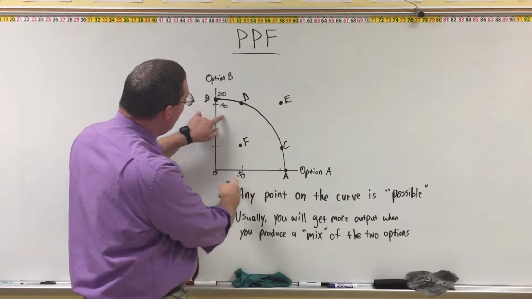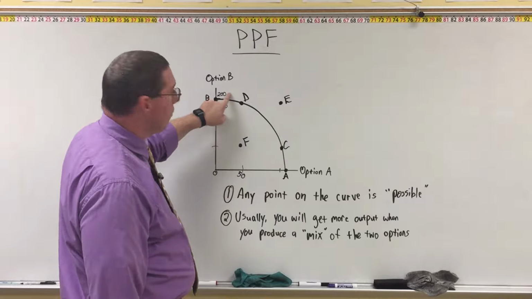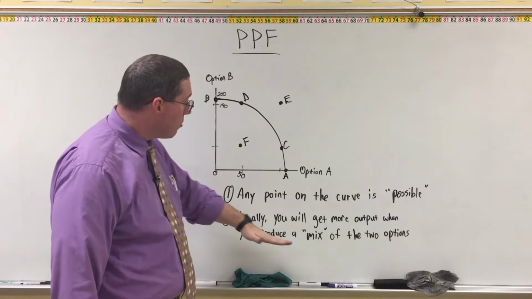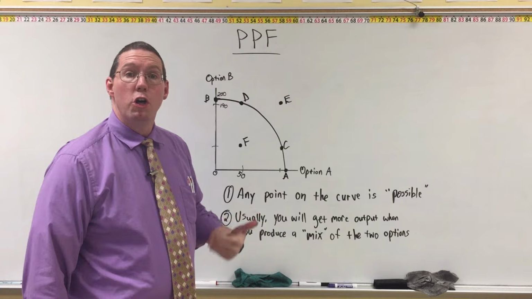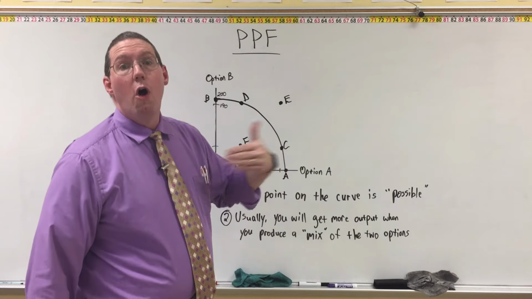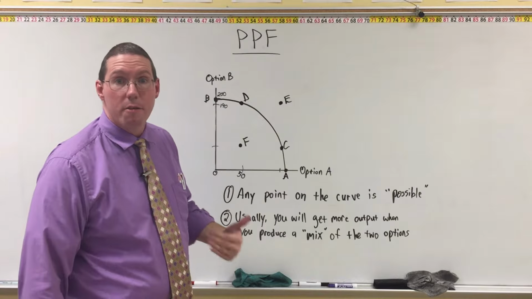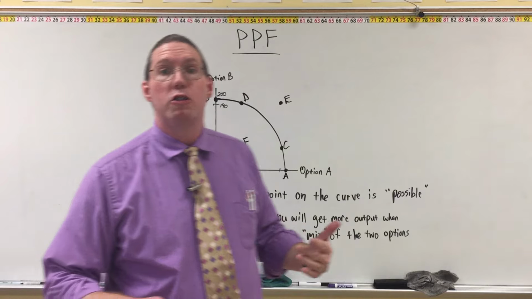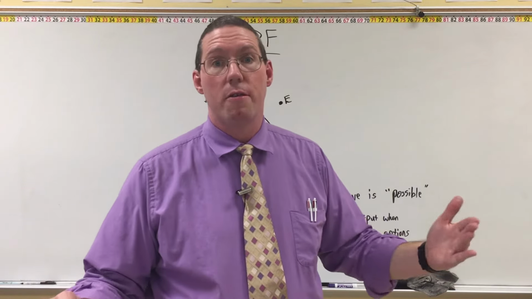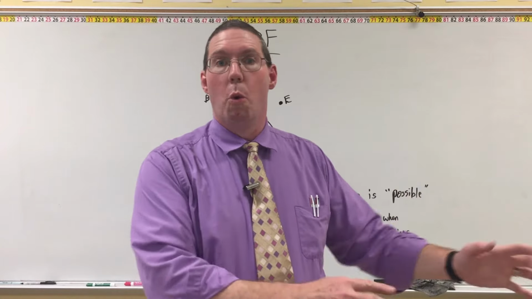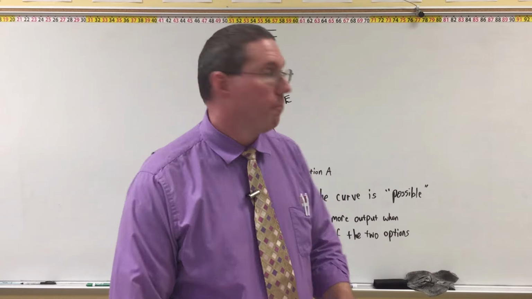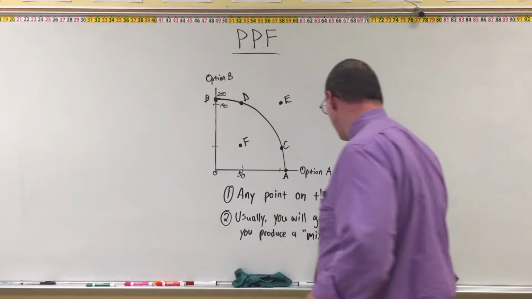Well, now you're getting 240 altogether where you would have only had 200. By producing a mix of the 2 options, you actually got more overall. And that's one of the things that the production possibilities frontier tells us, is that usually it's better to do a mix of the 2 options than to do all of one or all of the other.